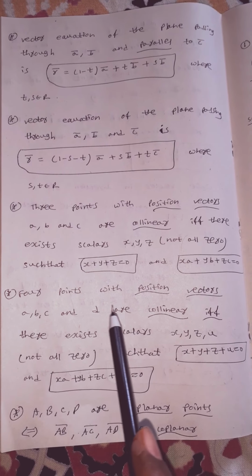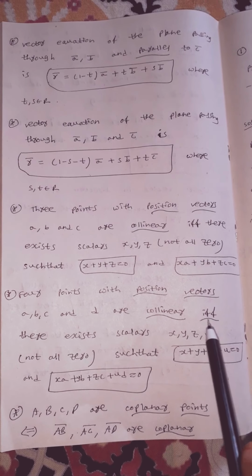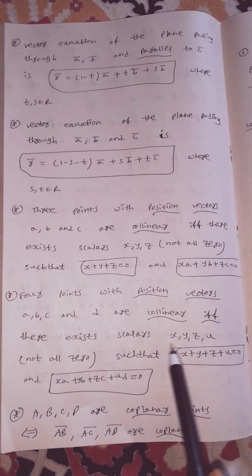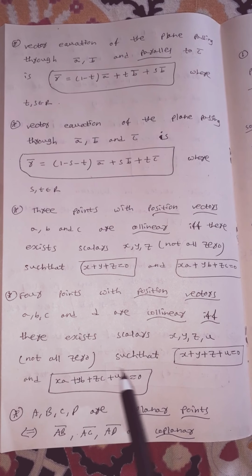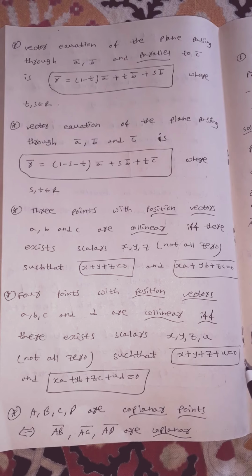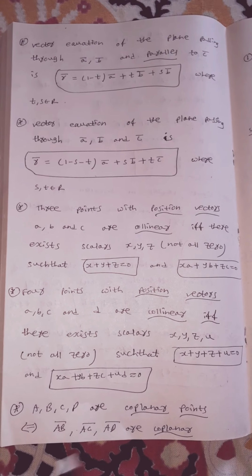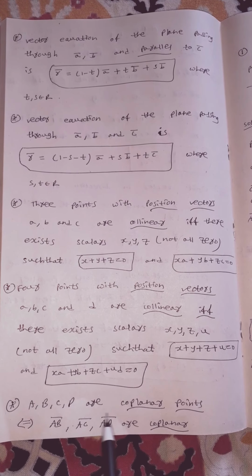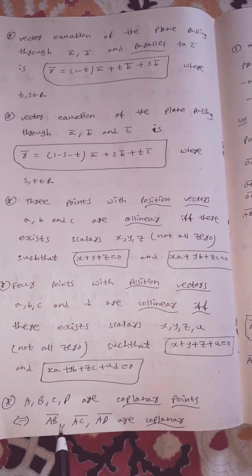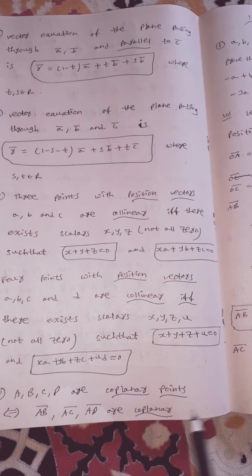Next, 4 points with position vectors a, b, c and d are coplanar if and only if there exist scalars x, y, z, u not all 0, such that x plus y plus z plus u equals 0 and xa plus yb plus zc plus ud equals 0. Next point: a, b, c, d are coplanar points if and only if AB bar, AC bar, AD bar are coplanar.